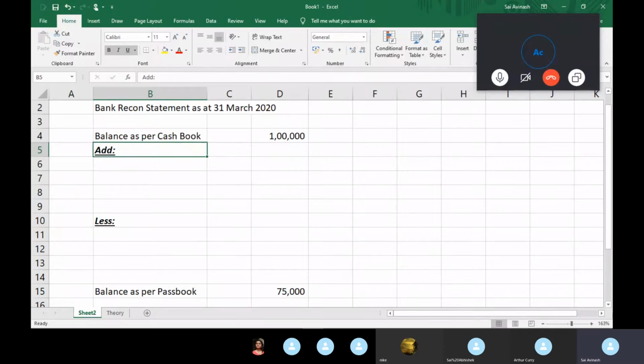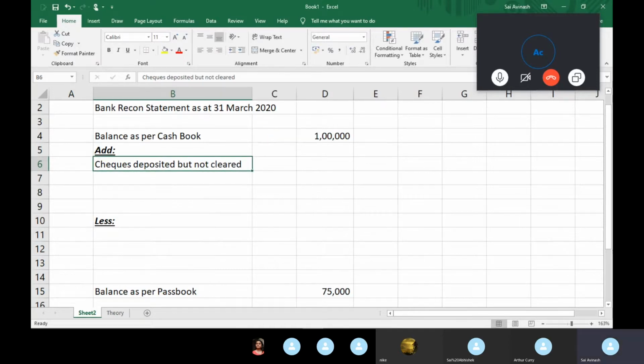Let me try to give a reason here. Checks deposited, but not cleared. Let's say I have received a check and deposited it in the bank. But the moment you deposit a check, it doesn't mean your bank balance will be credited with the check amount right then.